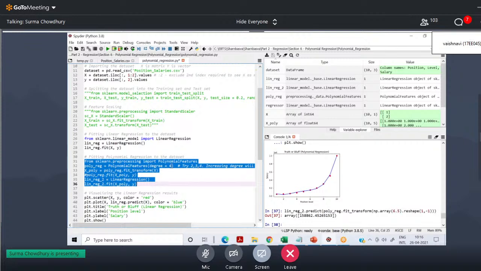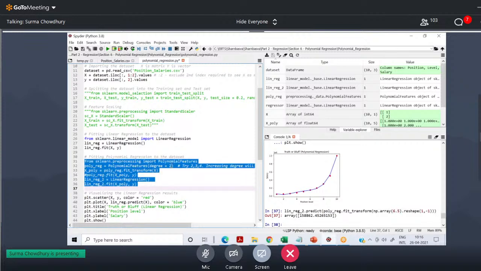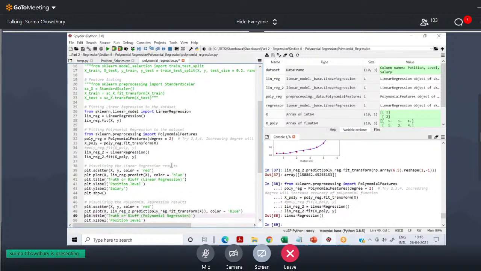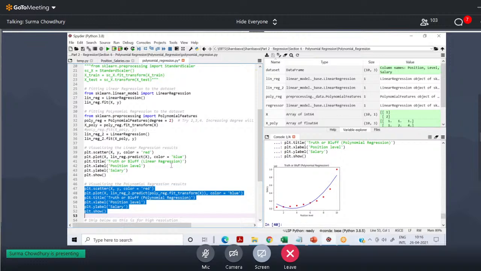So what I did, I started with degree equal to 2, right? I ran this particular thing, and I did the plotting of the polynomial regression. See, it was wavered here, since the dots are still not coming on the line, right?